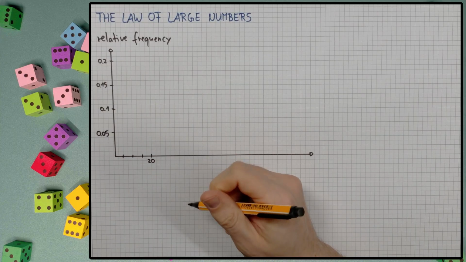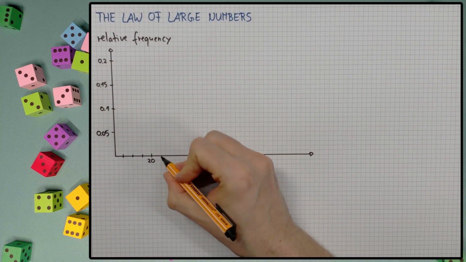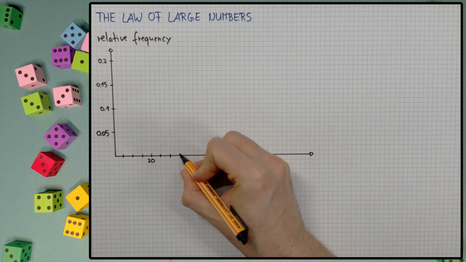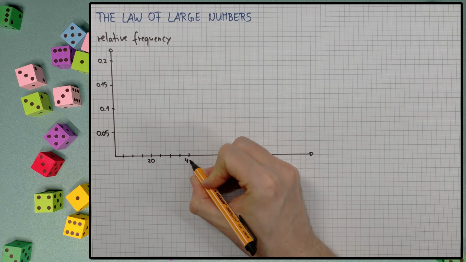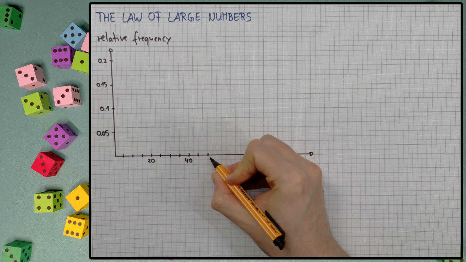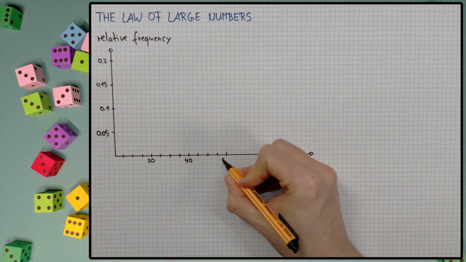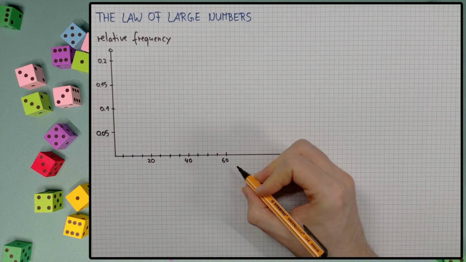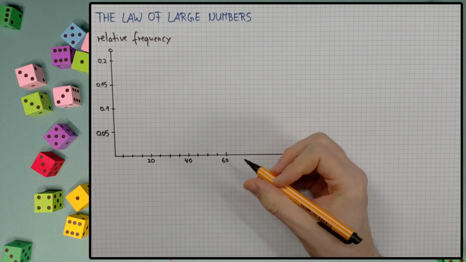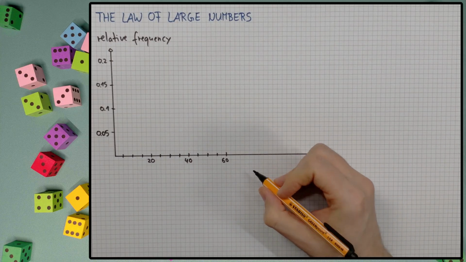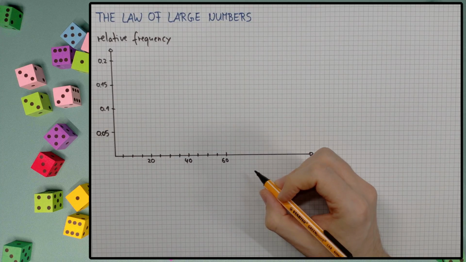This will be our first stop at 20. And we're going to label 40, 60, 80 and 100 to make it a bit easier on us.